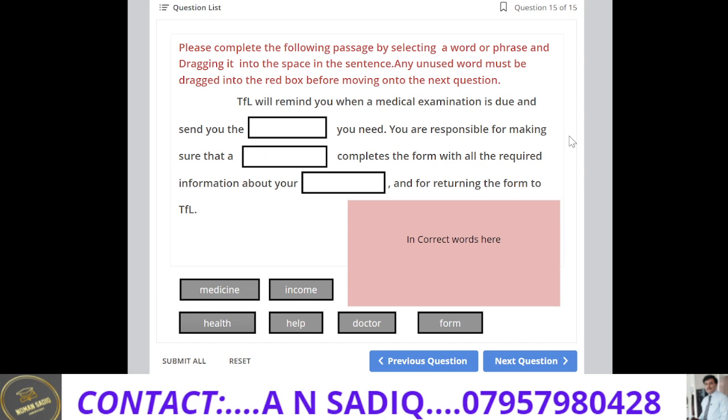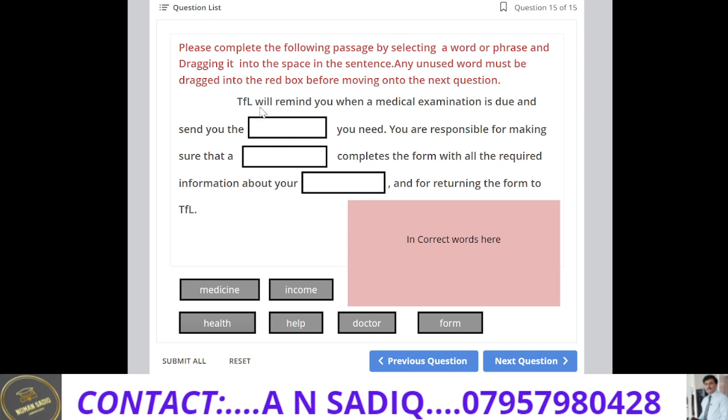Now this is the last question of this mock. The question is, TFL will remind you when medical examination is due and send you a gap you need. You are responsible for making sure that, again there is a gap, completes a form with all required information about your, again there is a gap, and for returning the form to the TFL.